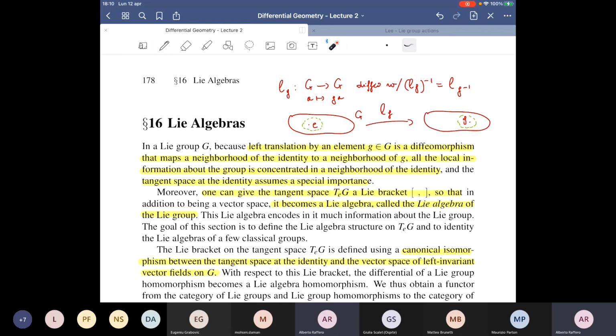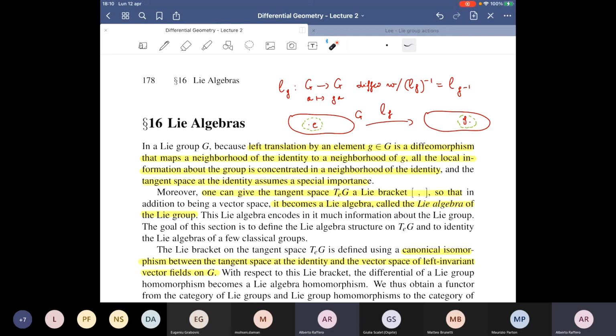So what is going on here is that if you consider a neighborhood of the identity of the Lie group, then the left multiplication will map this neighborhood of the identity, so an open set containing the identity, inside an open set of the Lie group containing the element g.